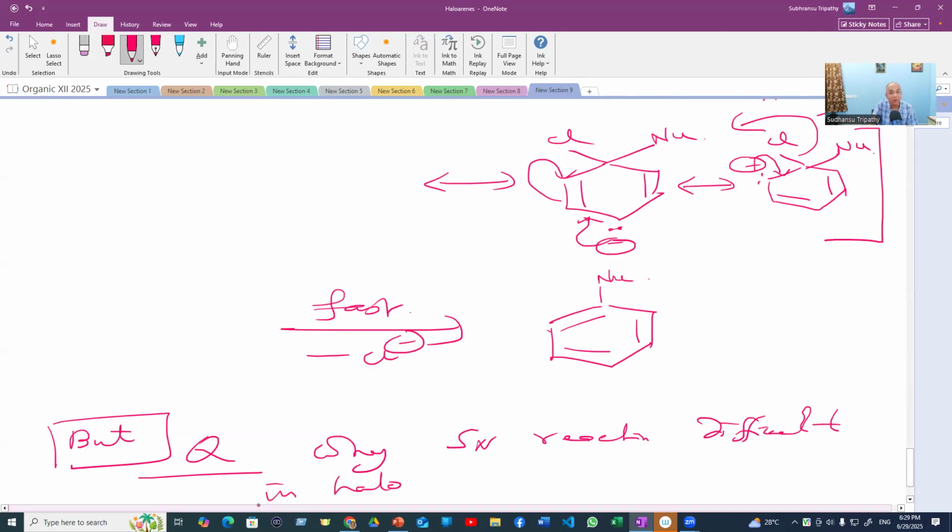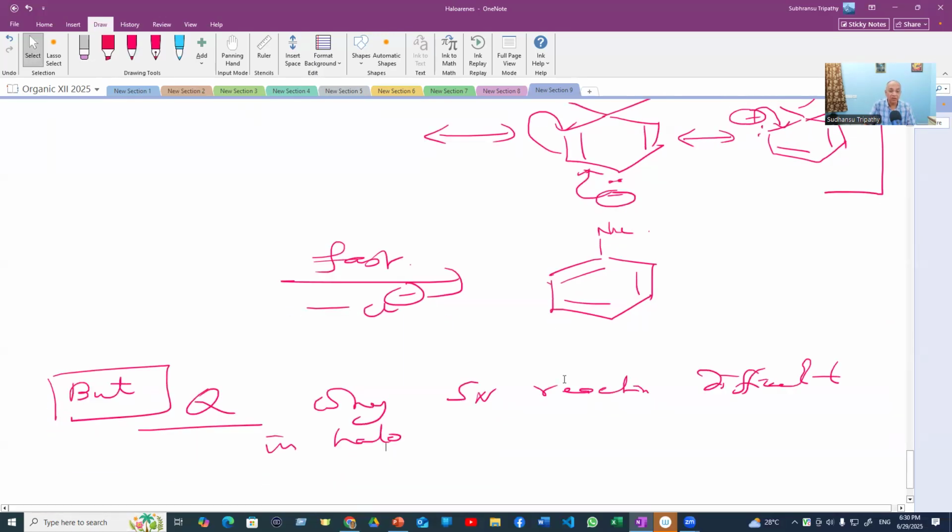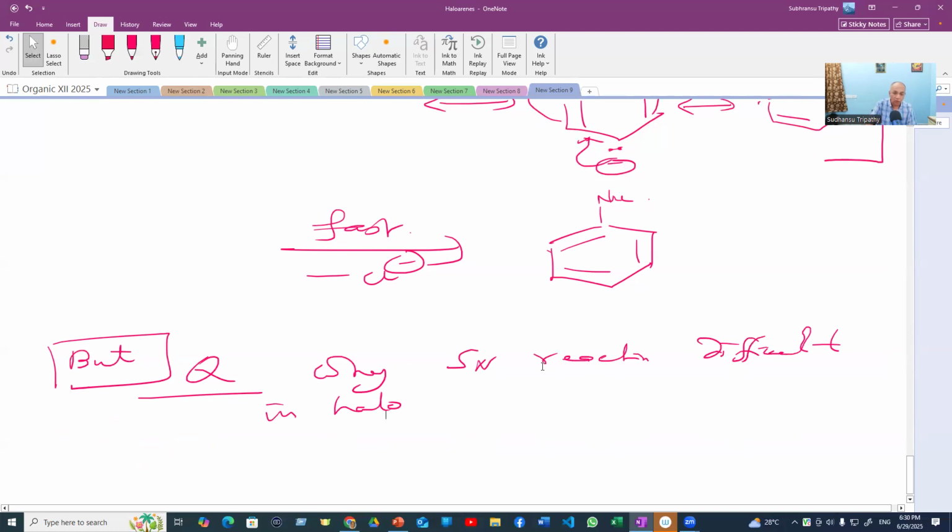I explained this only to explain the mechanism. I wrote the two steps, but it never ever happens the way I told. It happens in a different condition. Why is SN reaction difficult in halobenzene?